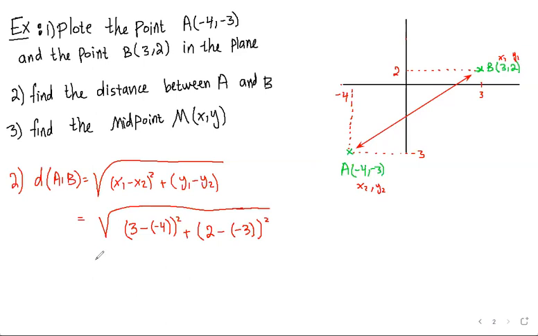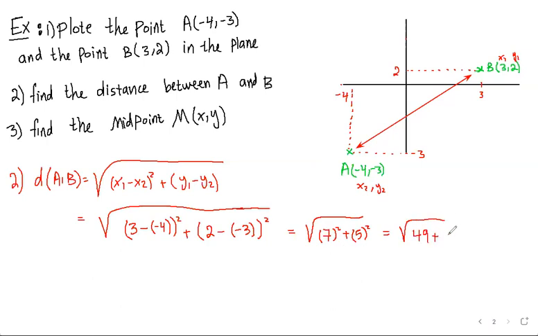So what is that equal? 7 square plus 5 square. This is equal to 49 plus 25, which will be 74.